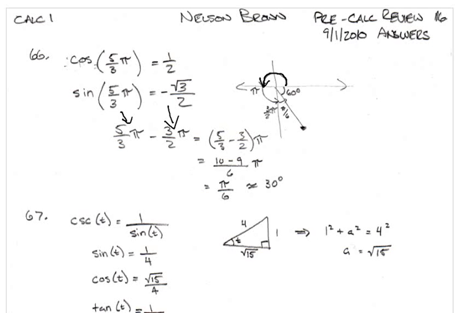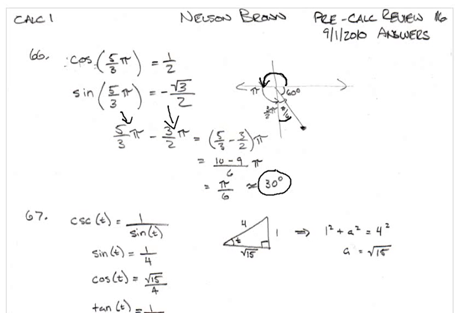Take 3 over 2 pi and subtract it from 5 over 3 pi. Well, 5/3 minus 3/2 is 10 over 6 minus 9 over 6, and that becomes 1 over 6. So we have 1 pi over 6. We remember that this is equal to 30 degrees.